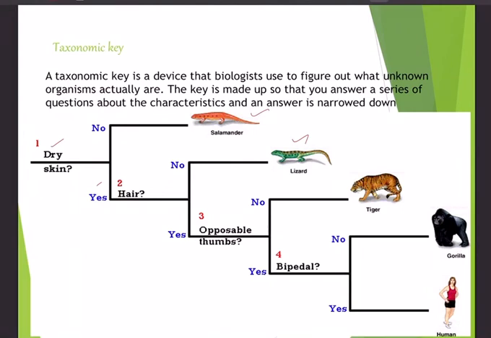And we say yes, hair is there, and along with the hair, opposable thumbs may be there. If opposable thumbs are no, then we are arriving at the answer tiger. If yes, the next character we are taking is bipedal, whether the animal walks on two legs. We say no, then gorilla. If it is yes, bipedal, that means look at this, all the answers here, yes, yes, yes.